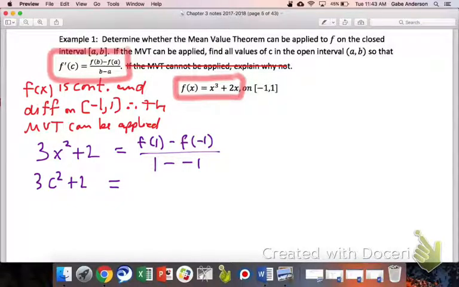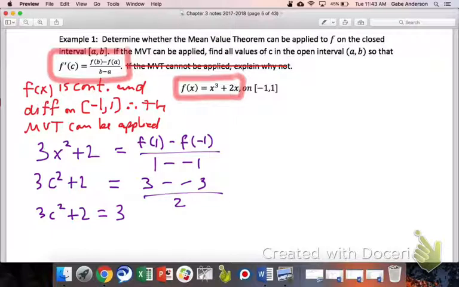I don't think so. How about 3? And what about f of -1? It's -3. 1 plus 1, of course, is 2. So I'm getting 3c squared plus 2 equals 6 over 2, also known as 3.